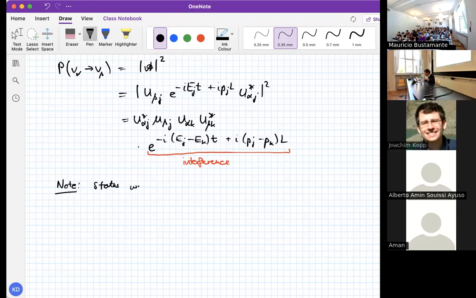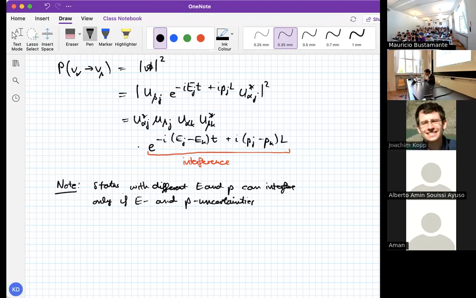States with different E and P can interfere only if the E and P uncertainties are larger than E_j minus E_k and p_j minus p_k.